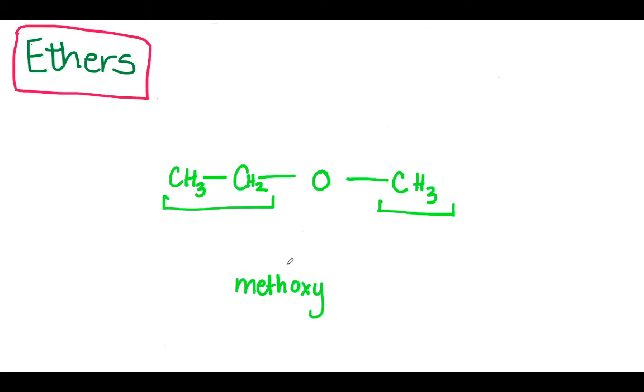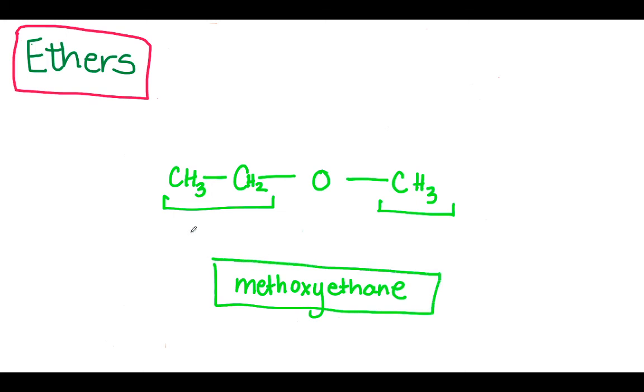So it would be methoxy. And then our longer chain, which is ethane. So methoxyethane would be this particular compound here. We do have to specify numbers, but not for this example. So I'll come back to this after we do a few other examples, and we'll talk about why we don't have any numbers associated with this particular example.